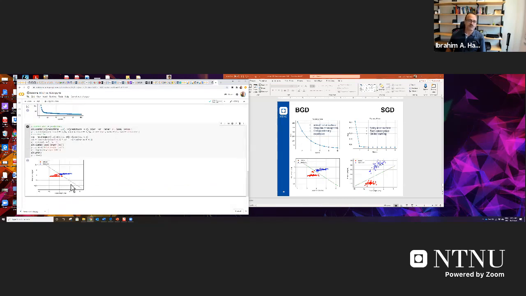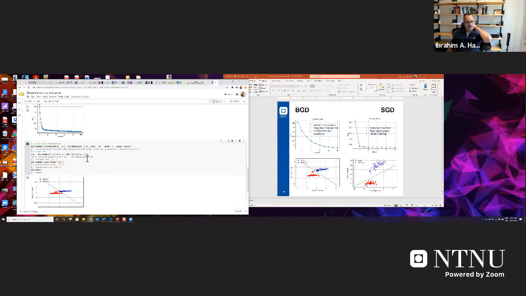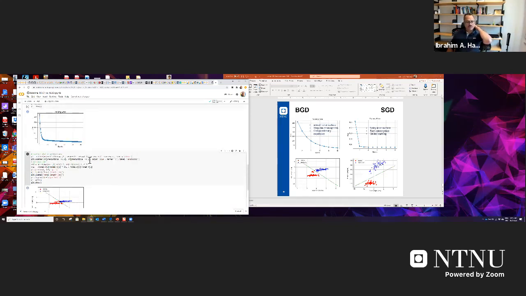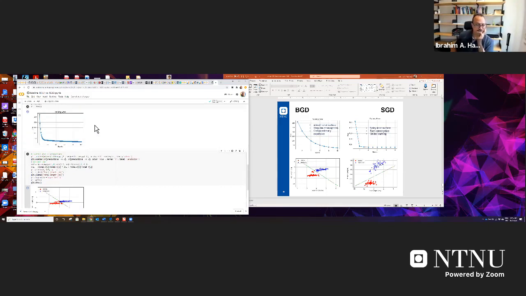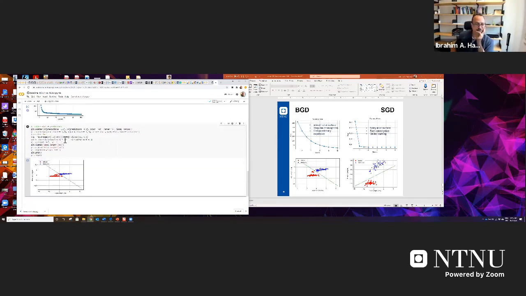So this is the result of the BGD. Of course, it's not good results because we have some misclassified points in the accuracy. I need to zoom in, in fact, but I don't know how we can zoom here. Is there any way to do it? Maybe this one is too much.